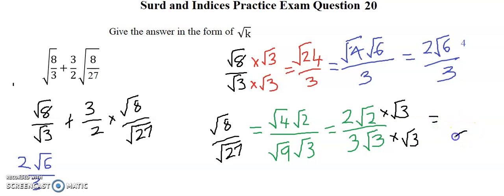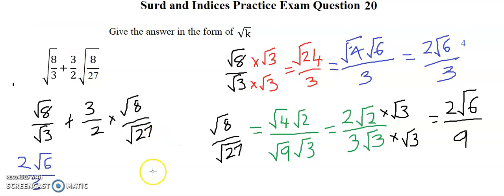So 3 times 3 is 9. And then I look at my numerator, I've got 2, and then square root of 2 times square root of 3 is square root of 6. So that leaves me with 2 square root of 6 divided by 9.